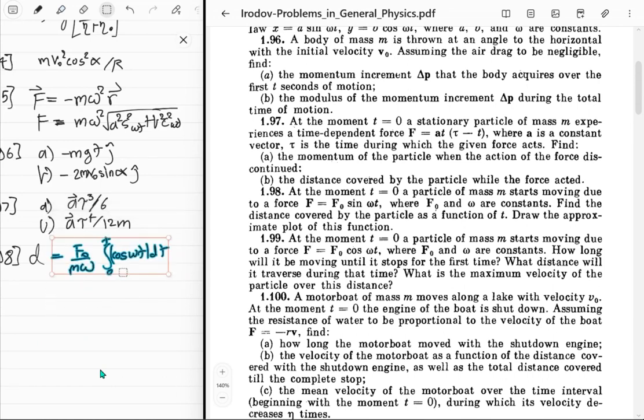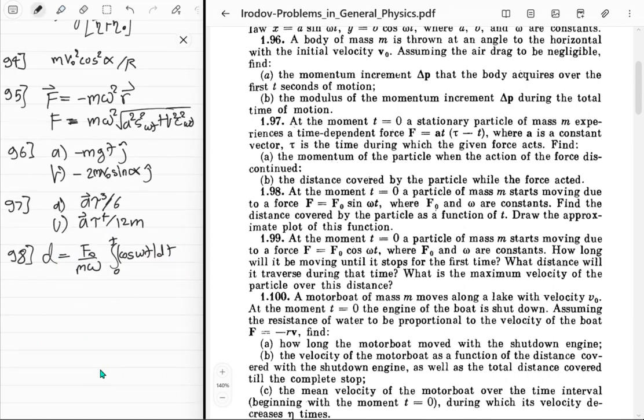Now let's try to graph this. First of all, I just graph displacement. So this is the omega t axis, and this is x.